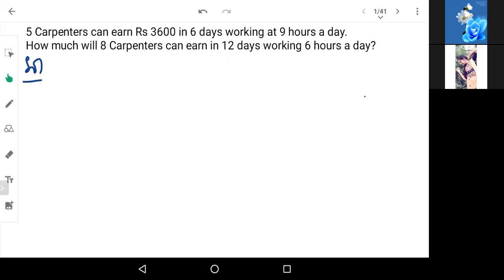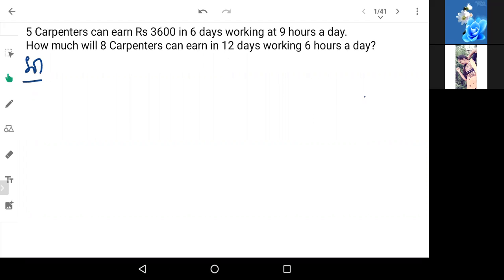So they're working 9 hours every day for 6 days and they are earning 3,600. Who are earning? 5 carpenters. Now what is the question? How much can 8 carpenters earn in 12 days working 6 hours a day? So here we have to find out how much wages the 8 carpenters will earn for 12 days and 6 hours.